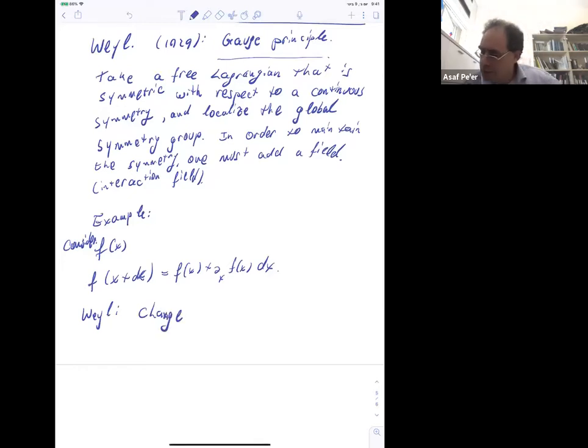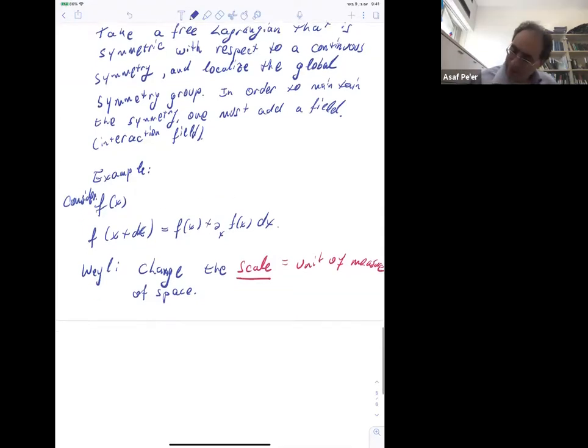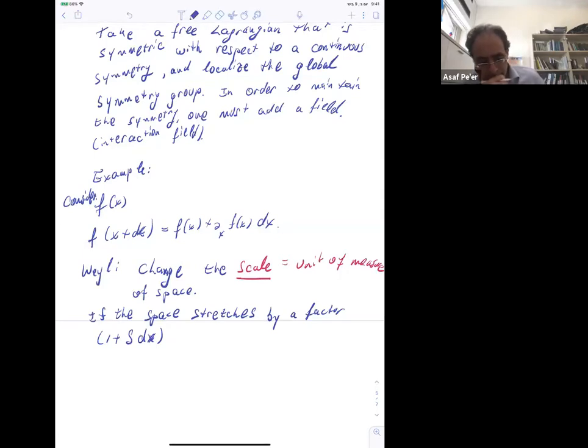That's why it's called a gauge. If you're ever wondering where the word gauge came from: in addition to the change of f, the space stretches from point x to point x plus dx by a factor of 1 plus s dx.